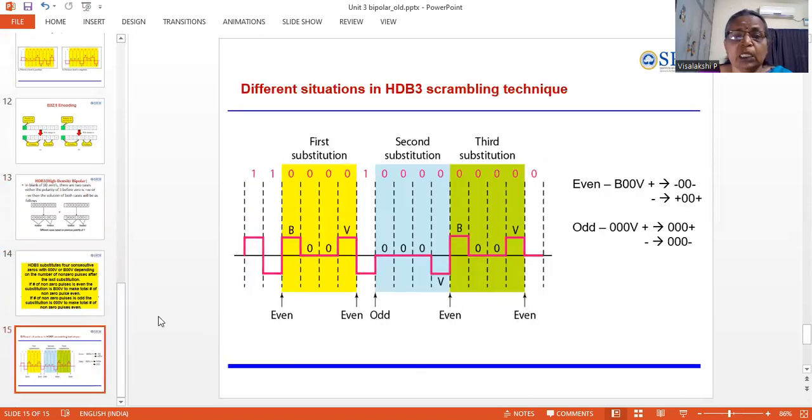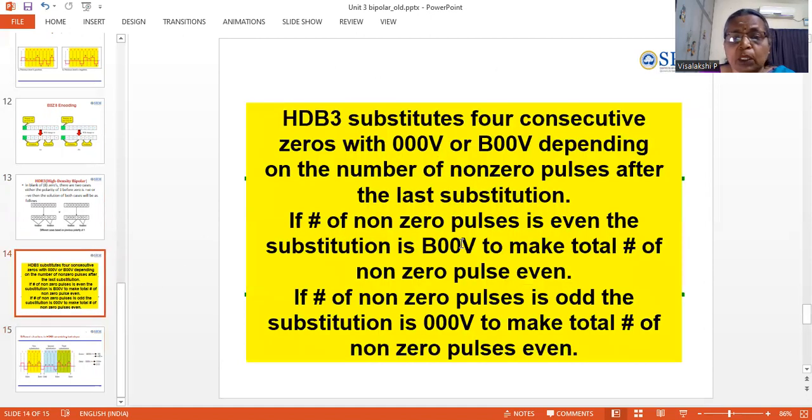So let us see how the first substitution, second substitution, and third substitution go. The same pattern is going to be followed. What is the bit used here? 000V or B00V depends on the number of non-zero pulses after the last substitution.